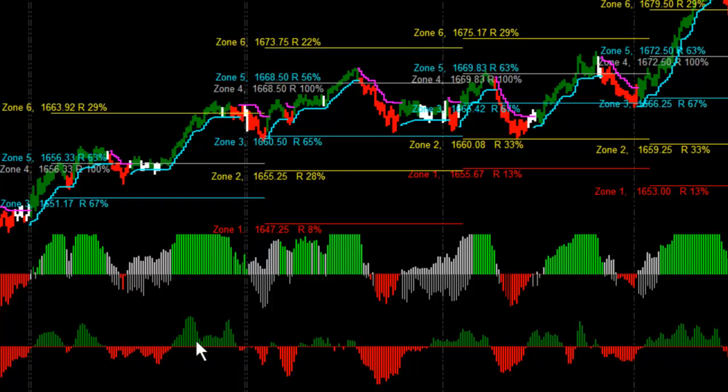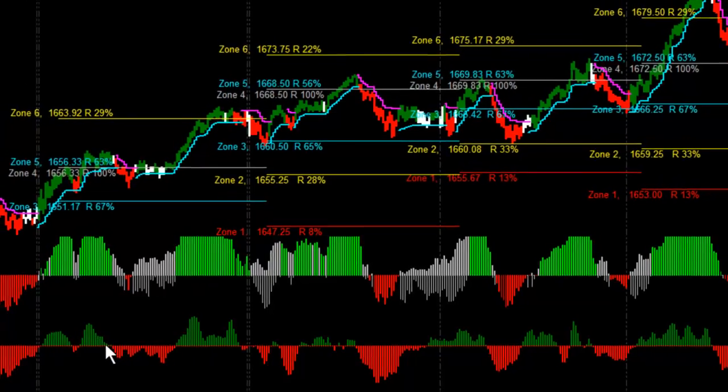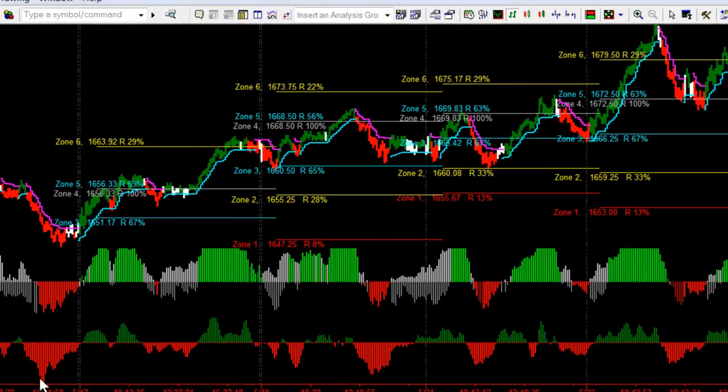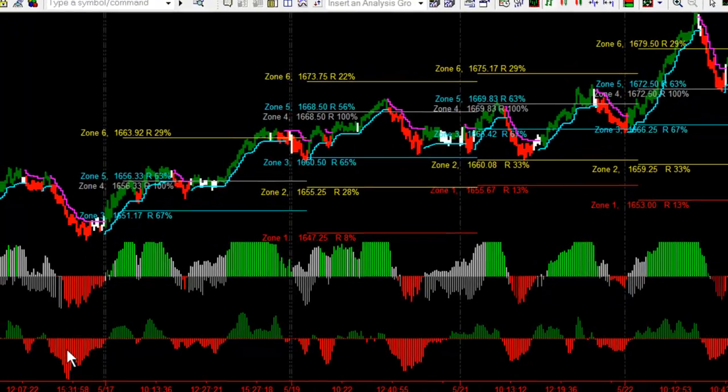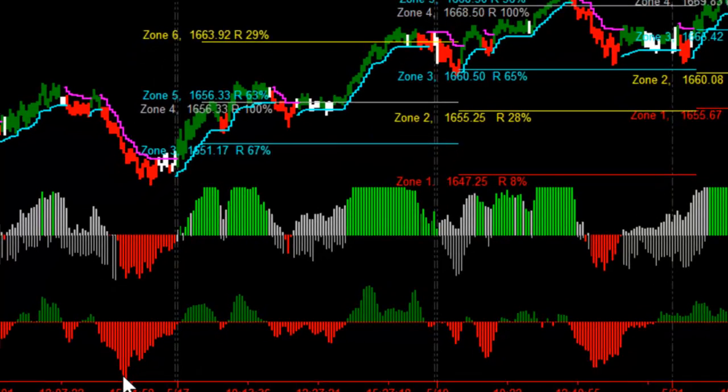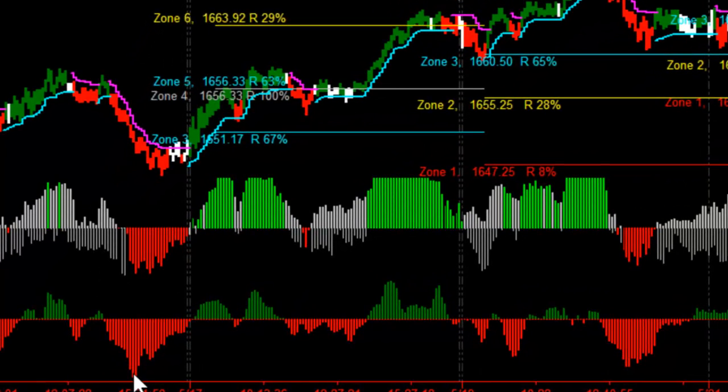And usually when the trends are beginning to change, this tool will get shorter as the bears start losing control, like right here, or in this case, where the bulls are losing control, or in this case, where the bears are losing control. You can see that this tool reached a low right here, which anticipated the turn.